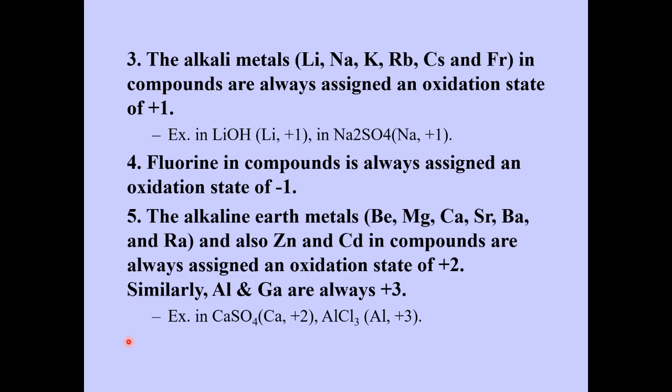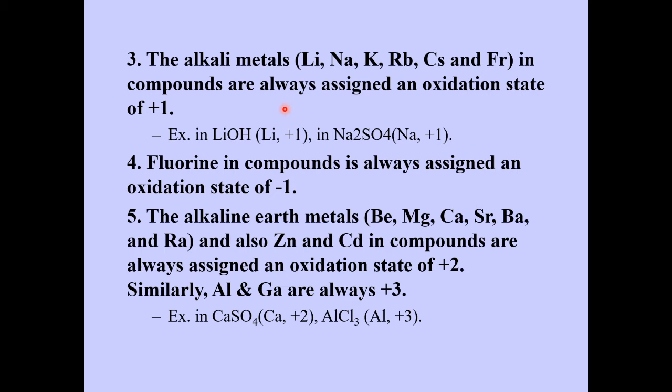Alright, rule number 3. Alkali metals, that includes lithium, sodium, potassium, rubidium, cesium, and francium, will always have an oxidation number of +1. And this is what I was talking about earlier, how these are new rules, but they kind of reflect things we already know. We know that group 1 metals always form +1 ions when forming ionic compounds.